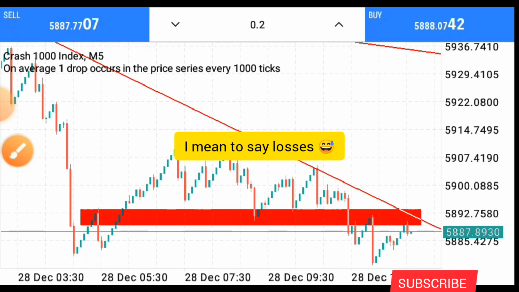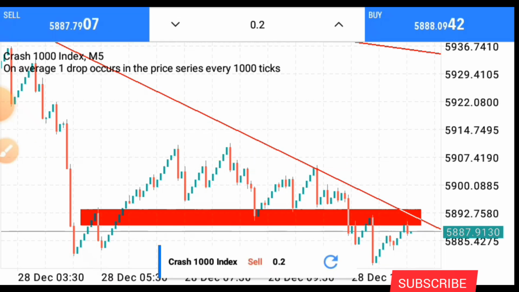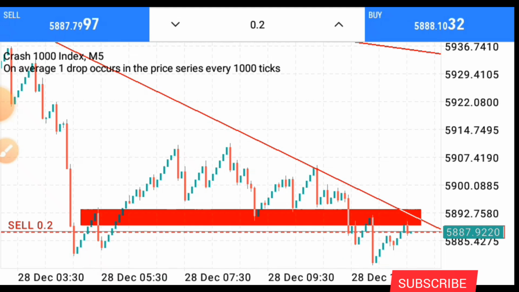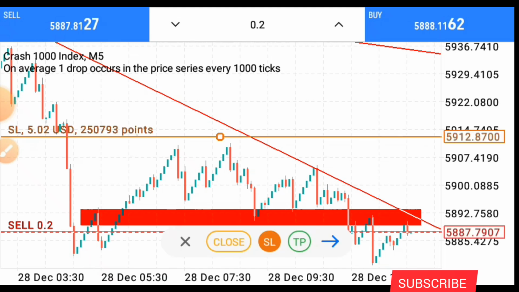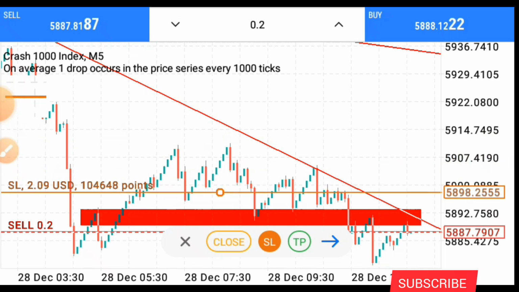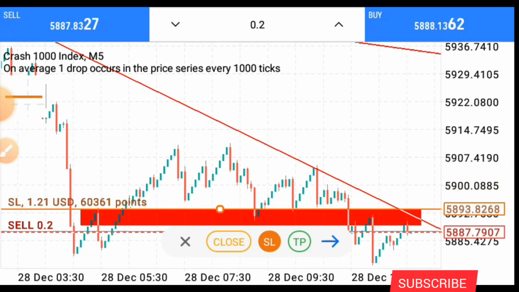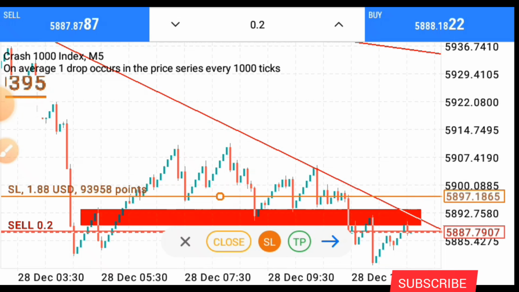Let me just take an entry here so that you understand what I'm saying. I'm taking a sell now, and if you are to take a loss, say you drop your stop loss above this, you'll be losing like 1.21 cents. This is not big money for you if you are using the lowest lot size. For me, whenever I take a trade, I risk $2.